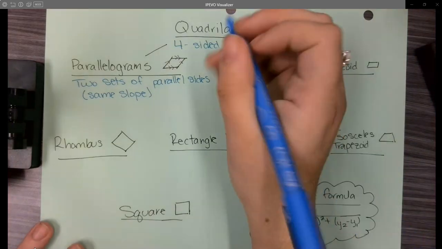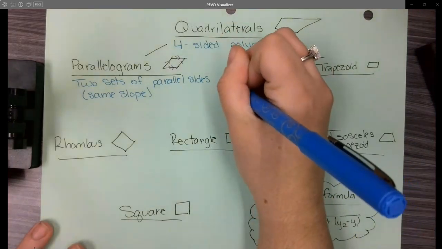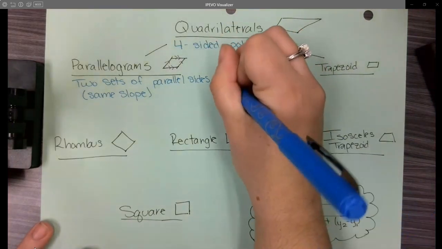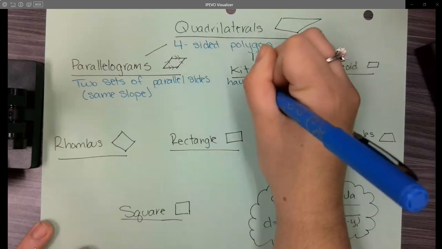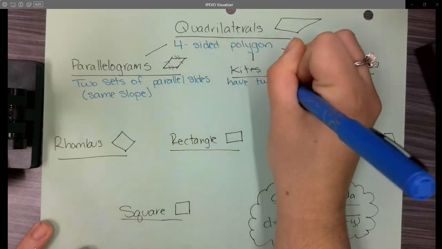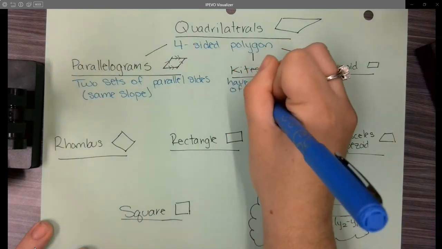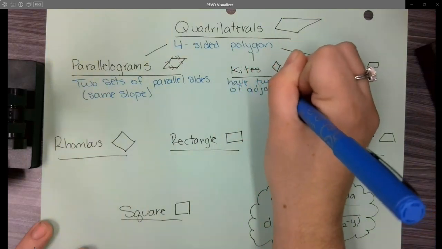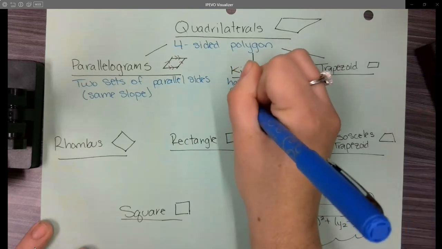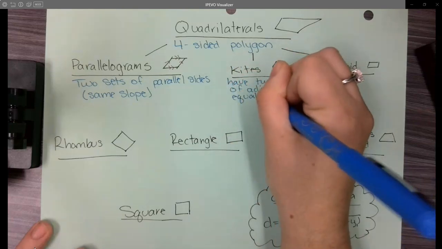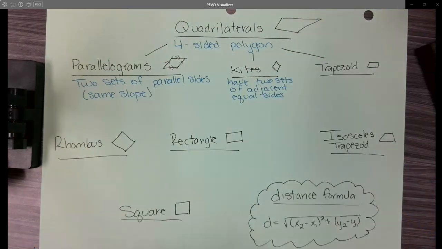Then I have kites. These have two sets of adjacent equal sides. So what that means is the two sides next to each other are congruent.